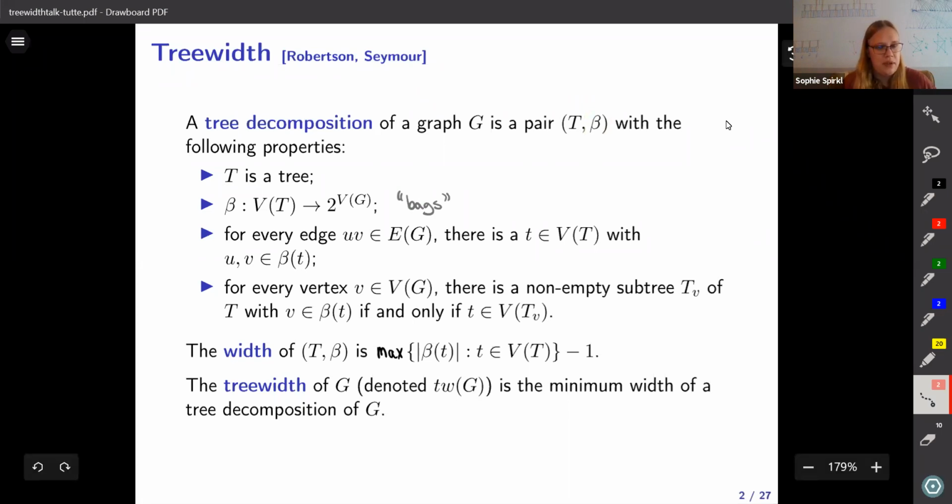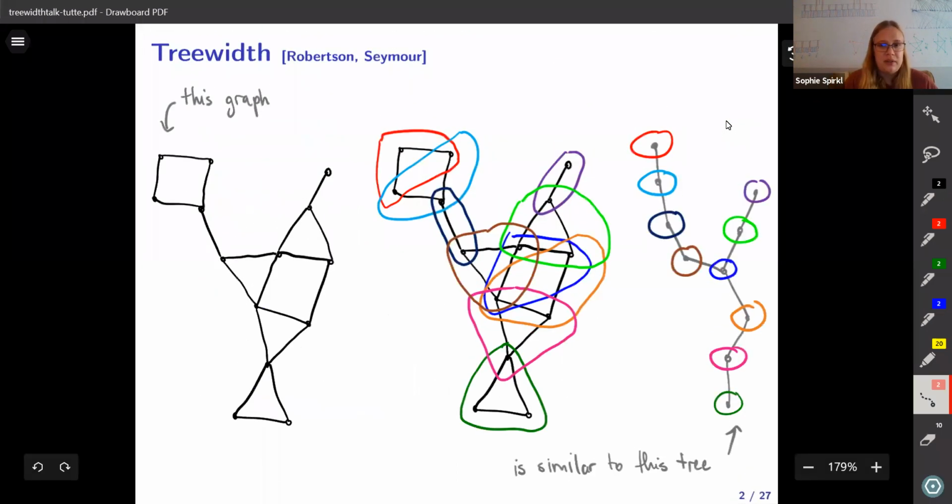And beta, which is a set of bags, and these are the colorful sets you saw on the previous slide. So T is a tree, and beta consists of, for every vertex of the tree, a subset of the graph. So here, the gray picture is T, and then beta maps, for example, the red vertex to the red set.